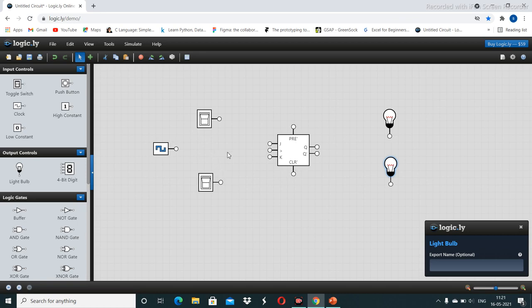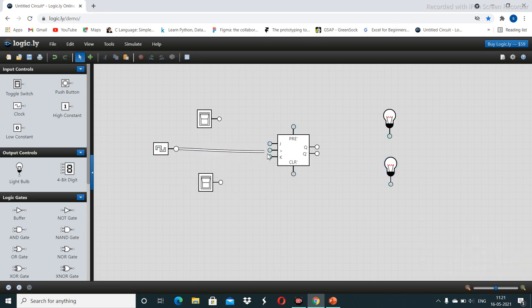So now we can connect the clock pulse directly with the JK flip-flop, and now connect the first switch with J and the second switch with K.